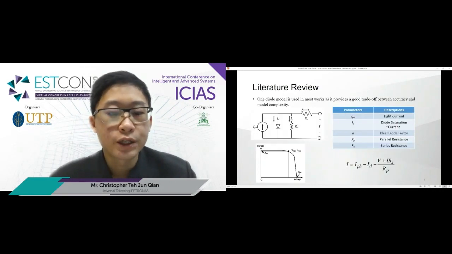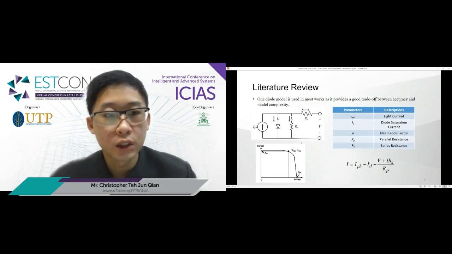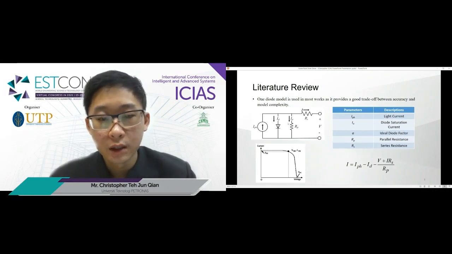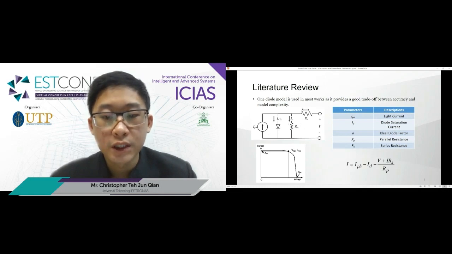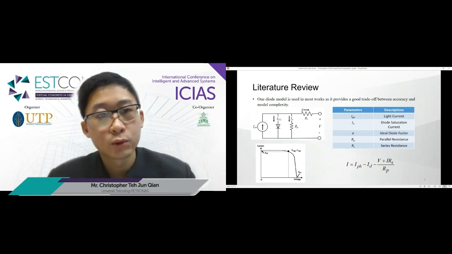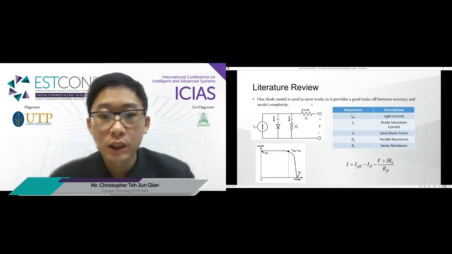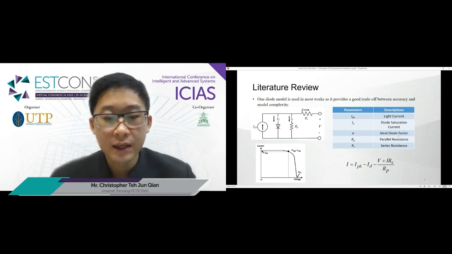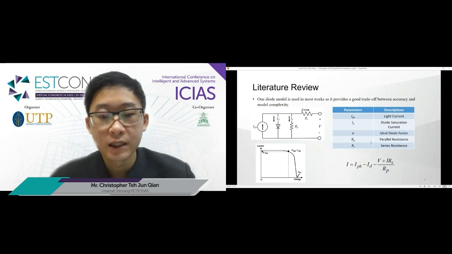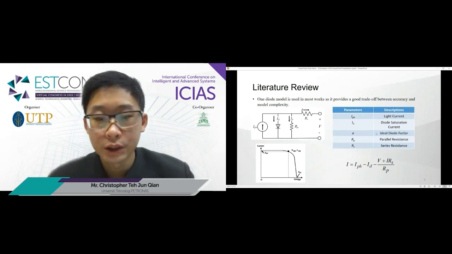Based on my literature review, many works have chosen this one diode model, which is shown in this figure, because this model is simpler compared to the other models, while it is able to provide high accuracy. This model has 5 parameters, which are shown in this table, and these parameters are not provided by the manufacturer datasheet.